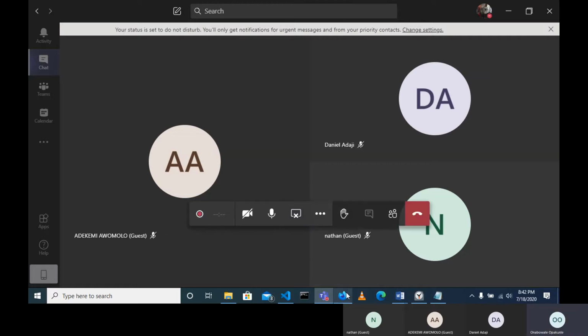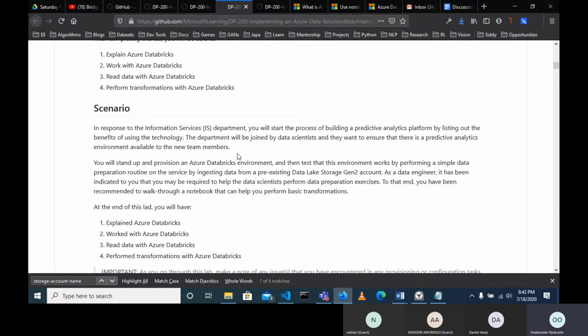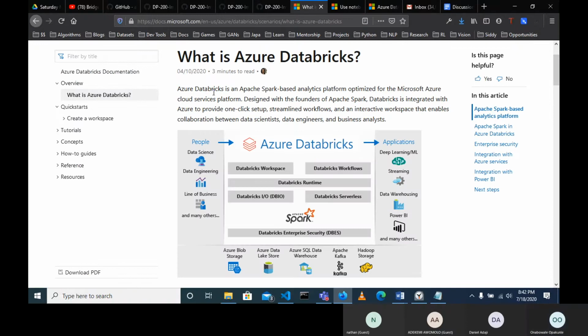I'm asking why exactly we think Azure Databricks will be a good fit based on this particular scenario. Should I go over that again? Azure Databricks is a Spark-based analytics platform optimized for the Microsoft Azure Cloud Services platform.